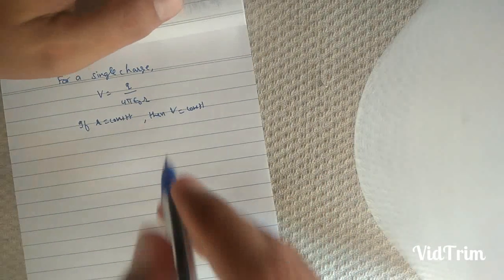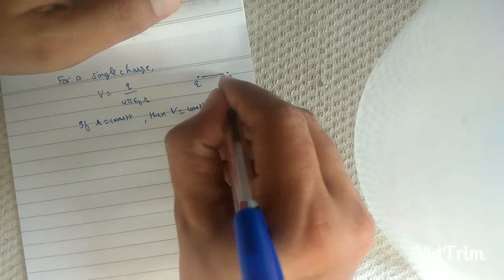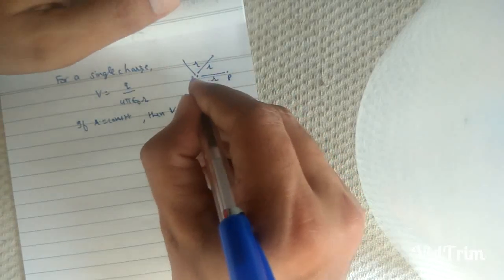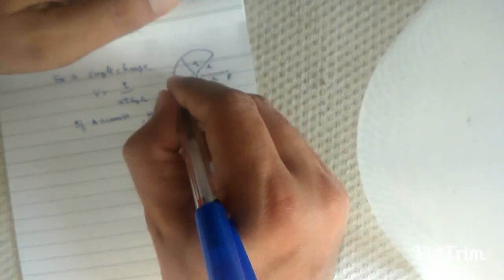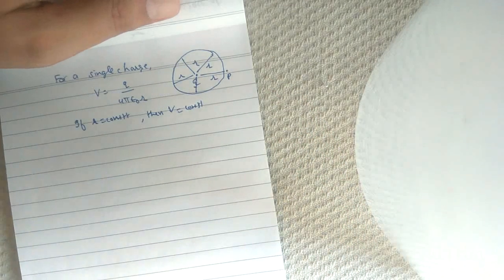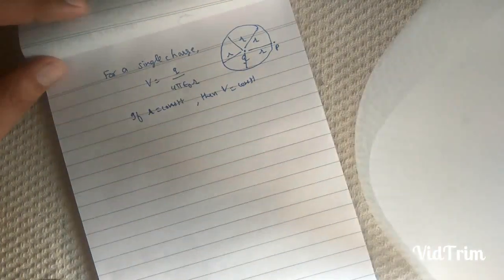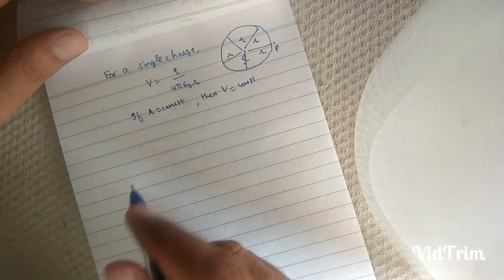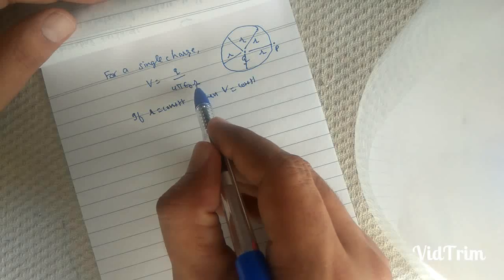R is the distance of the point from the point charge. If R is constant, then electrostatic potential is constant. This means equipotential surfaces for a single point charge are concentric spherical surfaces centered at the charge. For a single charge V is equal to Q upon 4 pi epsilon naught r.